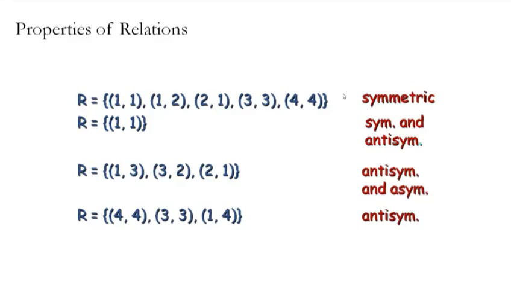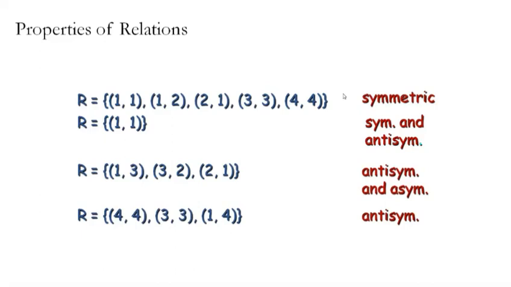Now, 1 comma 1, 1 comma 2, 2 comma 1, 3 comma 3, 4 comma 4. It is symmetric in nature because 1 comma 2 is there and 2 comma 1 is also there.